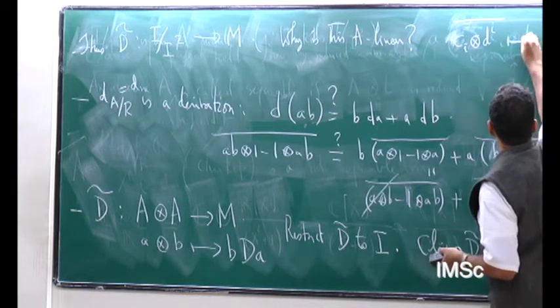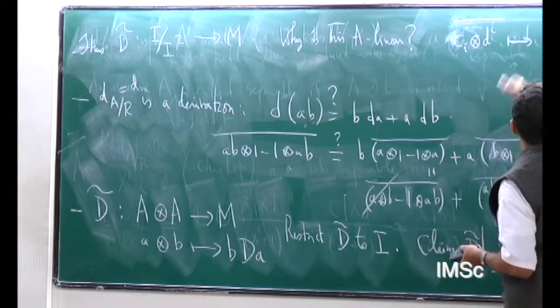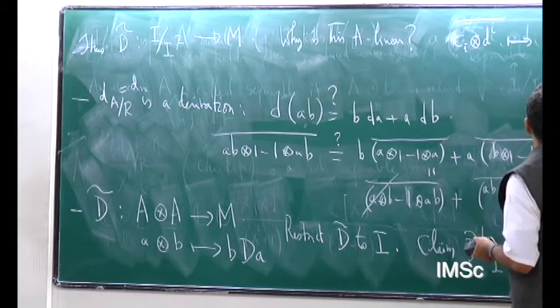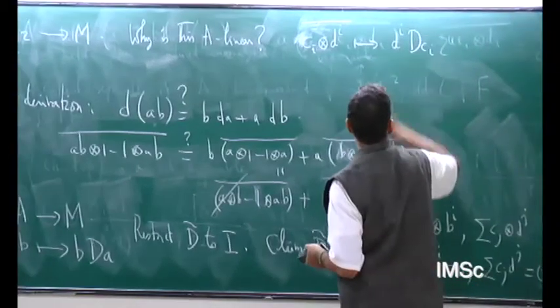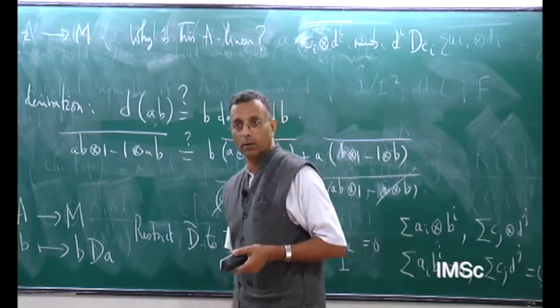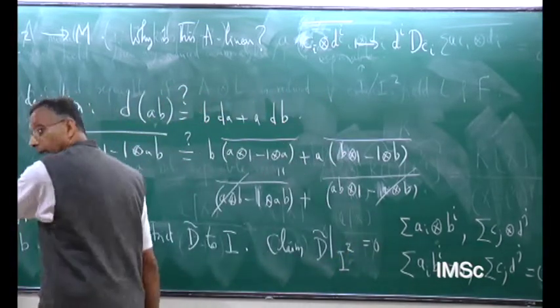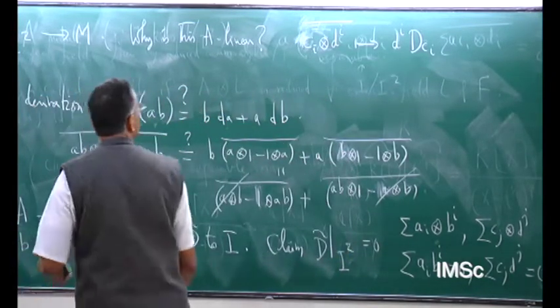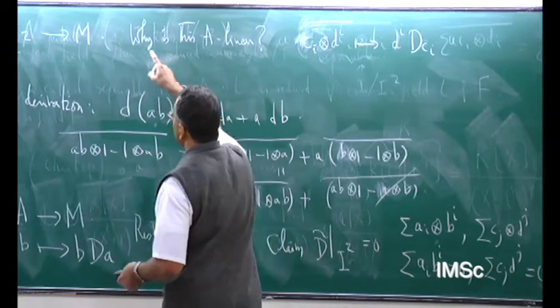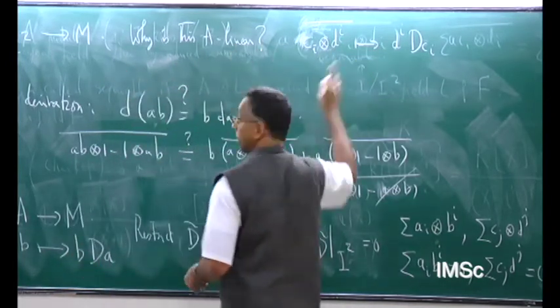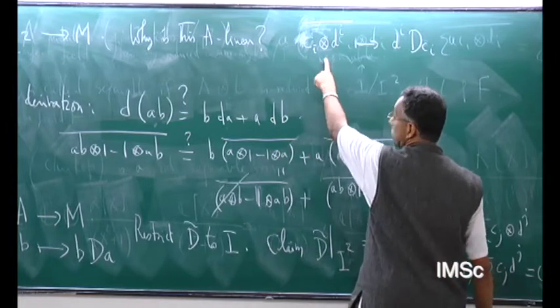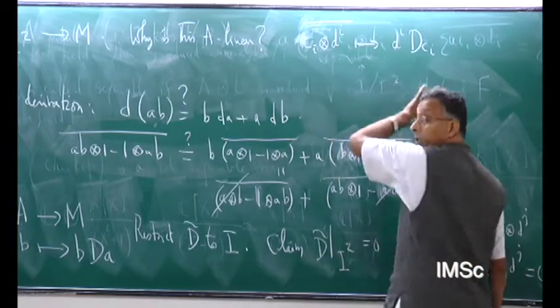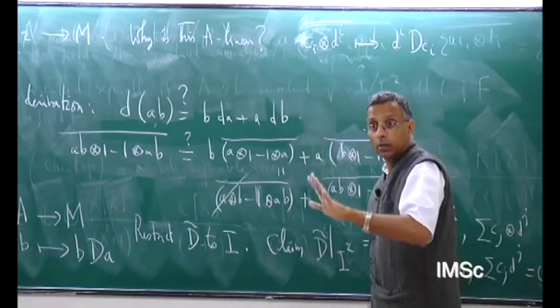This goes to Di dCi. Right, that's the definition of d tilde restricted. Now I have to check that this is A linear. That is, if I multiply by A on this side and A on this side, then it's consistent.